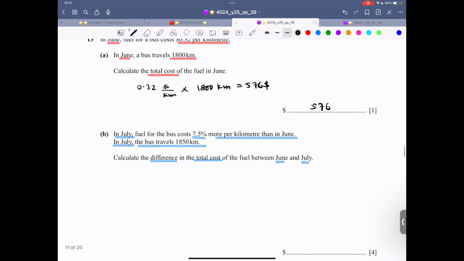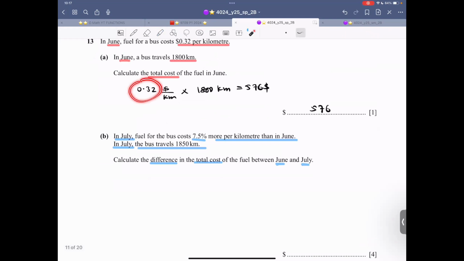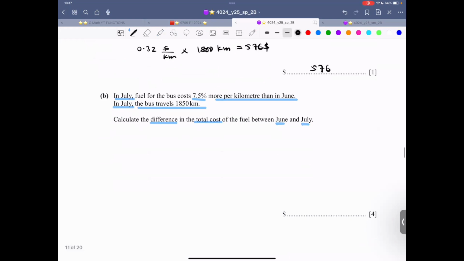Now, first of all, I can either increase the rate and then multiply by 1850, or I can multiply by 1850 and then increase the rate. So first of all, 0.32, the old rate, multiplied with 1850, that comes out to be $592.